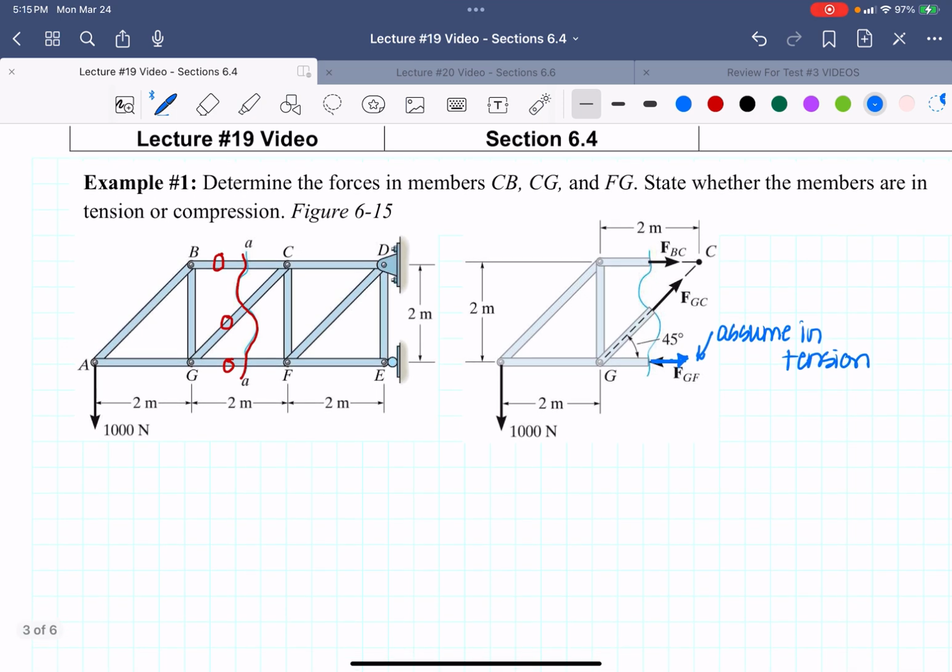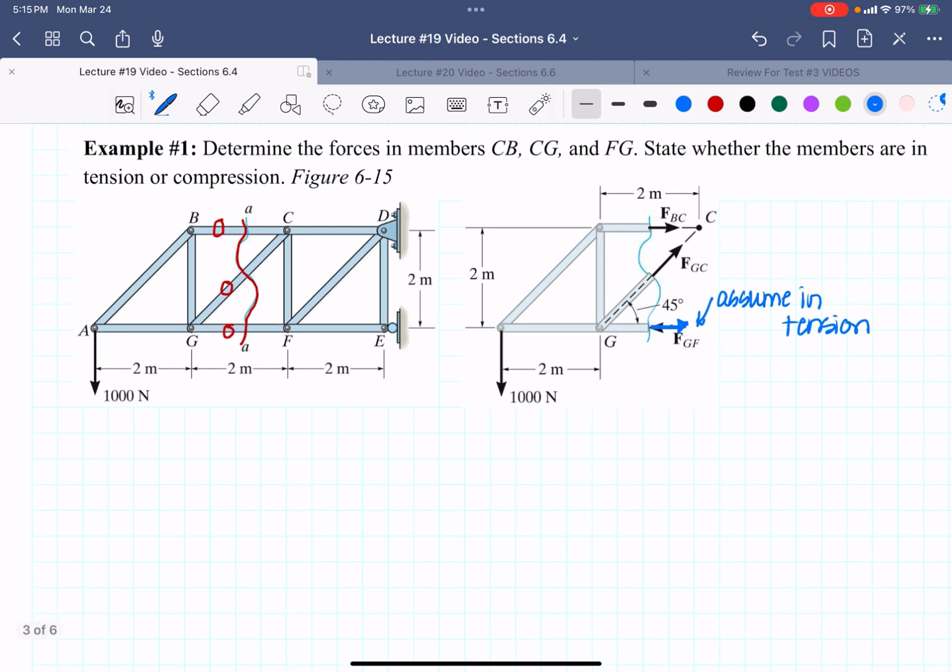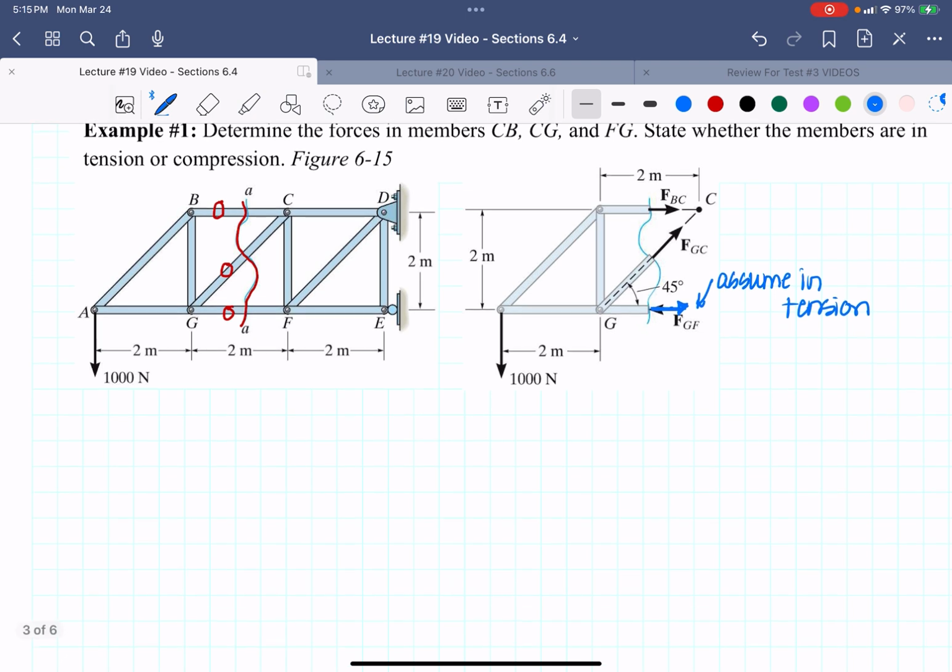So now we can take our moment equations and our force equations of equilibrium to solve. So the first thing I'm going to do, if I solve for the moments about point E, then I will only have FBC because FGC and FGF go through point G. So I'm going to start with counterclockwise positive. I'm going to sum the moments about point G, and they should equal 0 because we are in equilibrium.